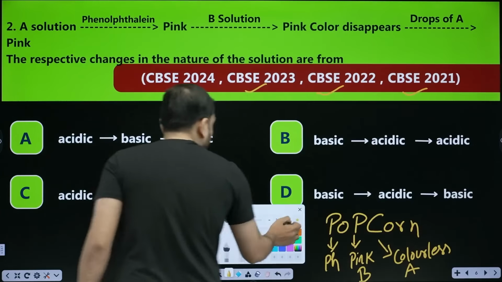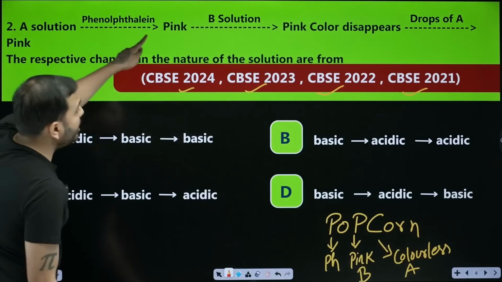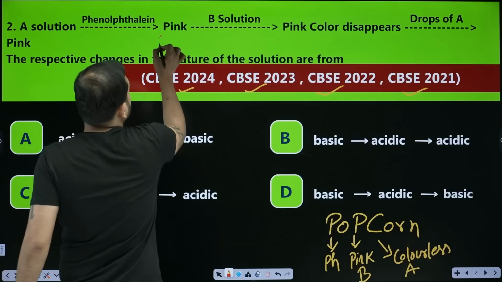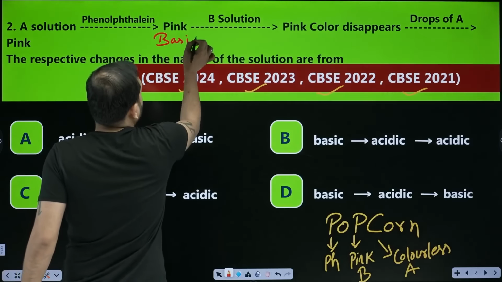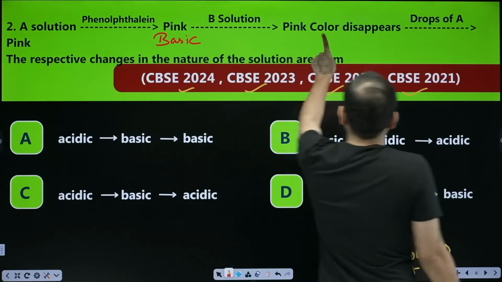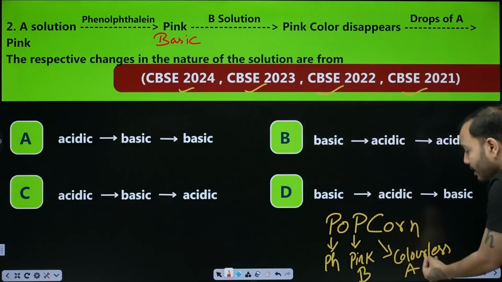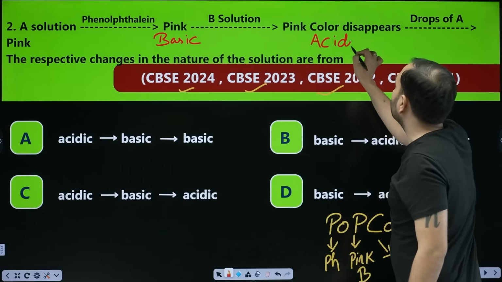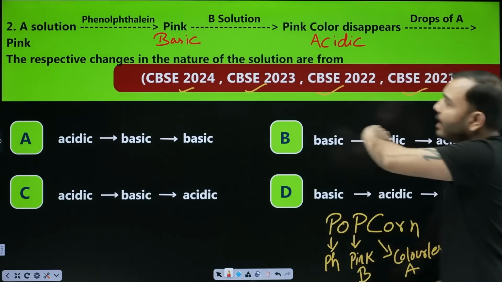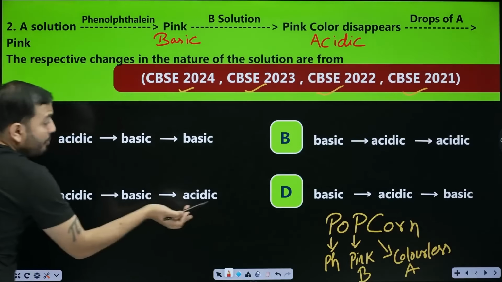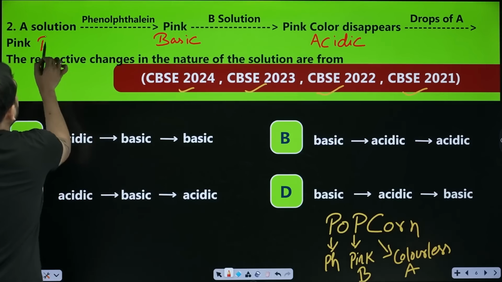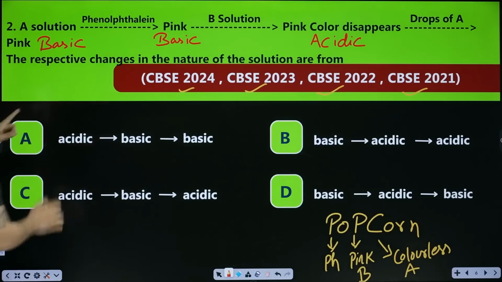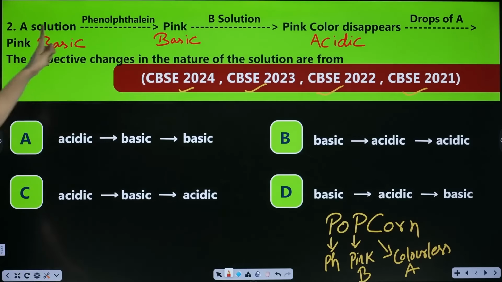When it was put in solution A, what color did it become? Pink. Pink means what type of solution? Basic. Then when solution B is added, the pink color disappeared, meaning it became colorless. What did it become? Acidic. Then drops of A were added and again it became pink. Pink means basic again. So the answer is basic to acidic, acidic to basic.